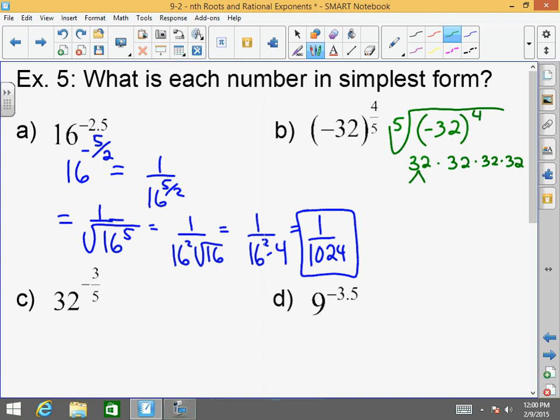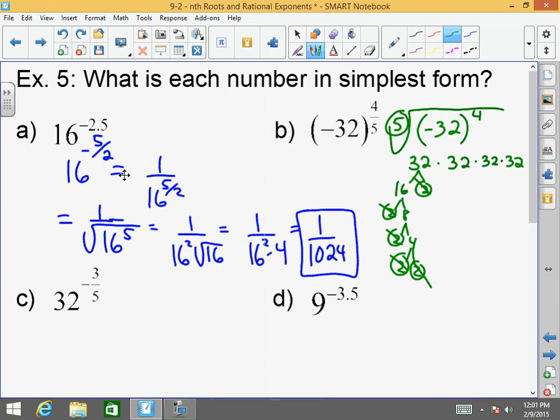Let's see what 32 breaks down into. This is 16 times 2. This is 2 times 8. This is 2 times 4. And this is 2 times 2. So if you notice here, I've got 1, 2, 3, 4, 5 2's. So every 32 is really composed of 5 2's. And am I not dealing with a fifth root here?